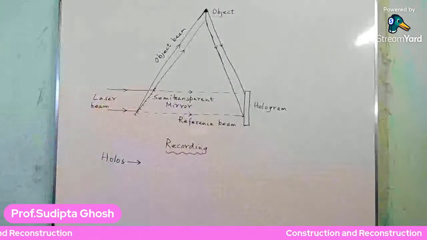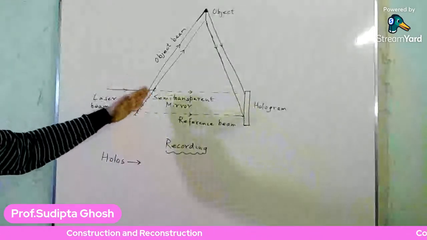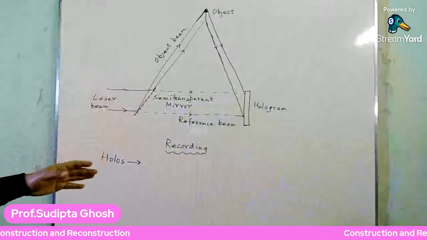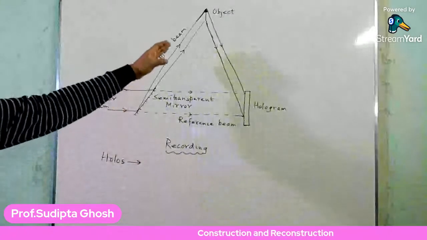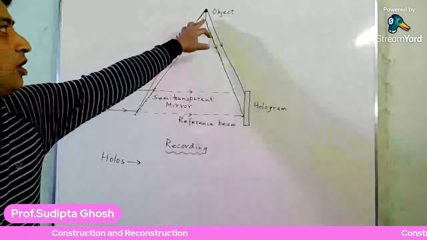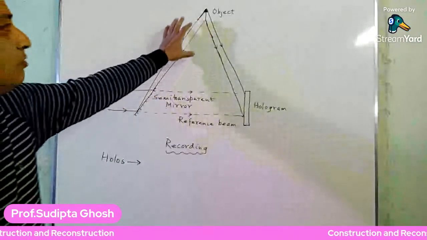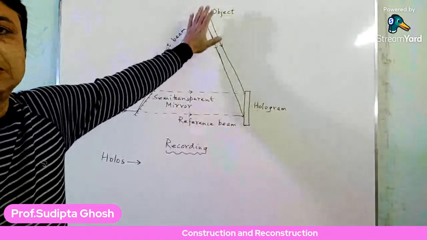So a highly coherent beam from a laser source is split into two by a semi-transparent mirror, such that one beam, called the object beam, is scattered by the object. This is the object, and when the object beam falls onto the object, it is scattered by the object.